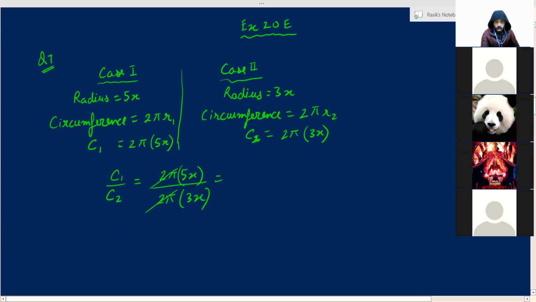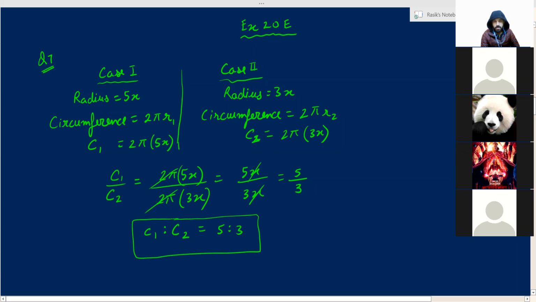That means we have got 5x upon 3x. So x also cancelled. This is equal to 5 upon 3. Therefore, we can say that the ratio of circumferences, C1 is to C2, is equal to 5 is to 3. Got it, all of you? Yes, sir. Any doubt in the question? No, sir.